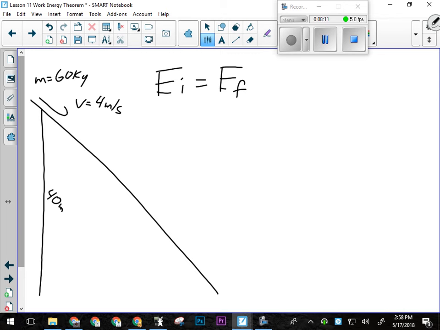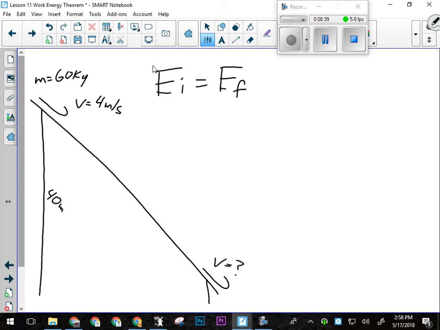I want to calculate how fast the sled will be going at the bottom of the hill. So what is v at the bottom of the hill? What's the height at the bottom of the hill? 0.